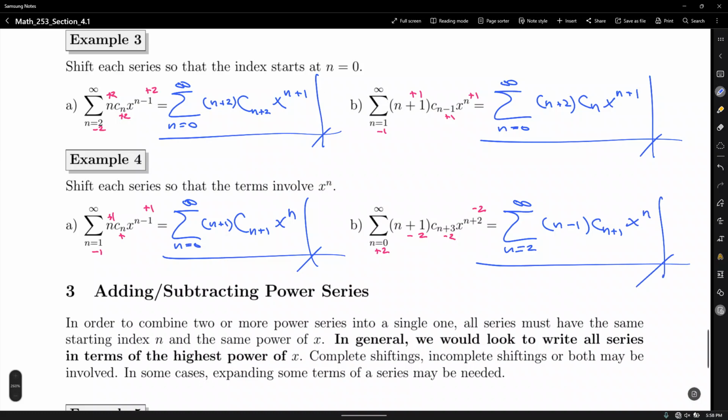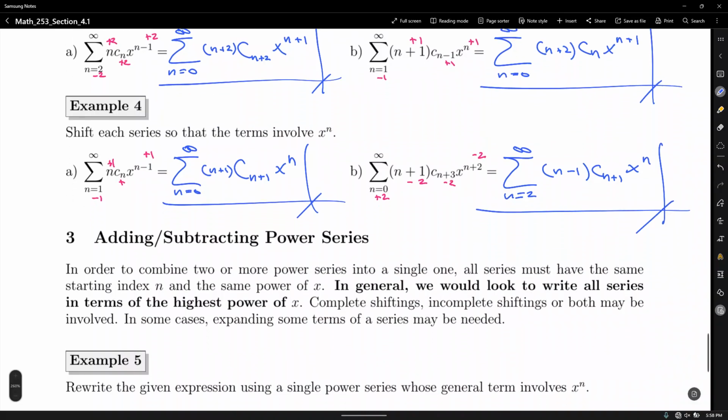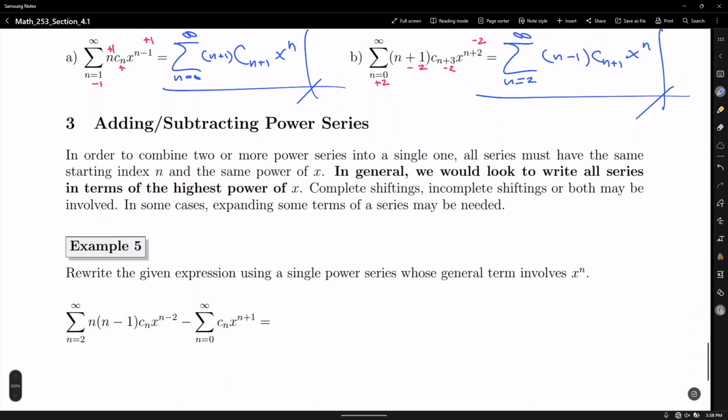Okay guys, one more tool and we're getting there: adding and subtracting power series. In order to combine two or more power series into a single one, all series must have the same starting index n and the same power of x.